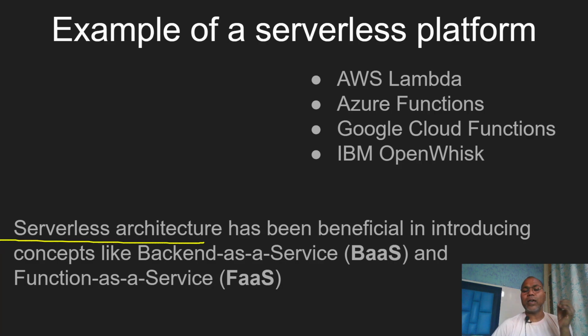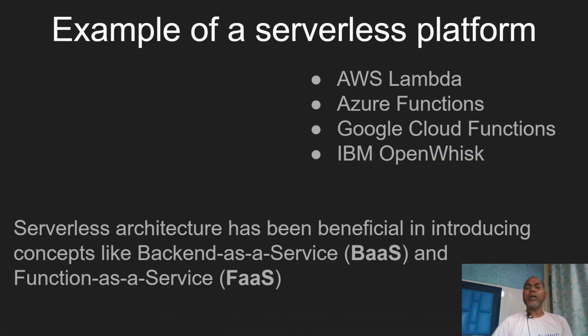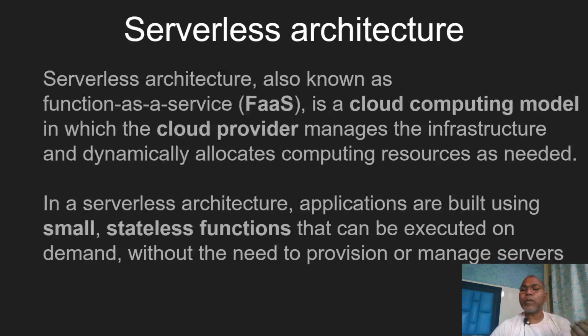Serverless architectures have introduced function as a service and backend as a service. Whatever function you have written, AWS provides as a service, for my function, for my backend code. So that is FaaS or BaaS. Now, using these serverless platforms, let's talk about serverless architectures.